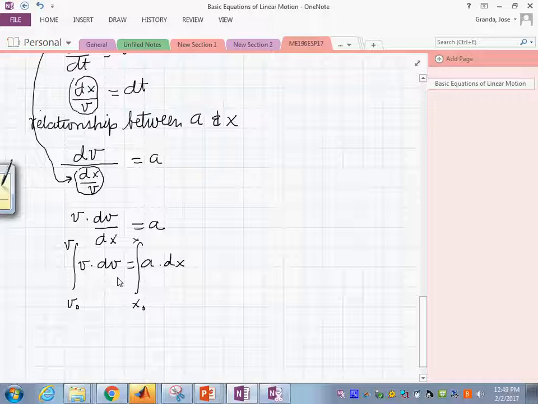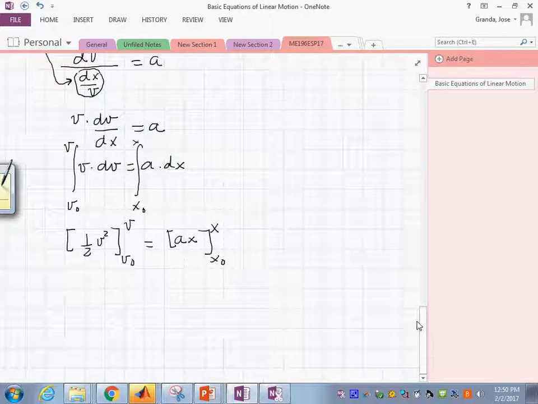So isn't it true that in here I could take the 1/2 out and say this is 1/2 multiplied by v minus v sub 0. This is equal to a times x minus x sub 0. Or we could say, okay, let's move this over here, and you will have v squared minus v sub 0 squared is equal to 2a times x minus x 0.